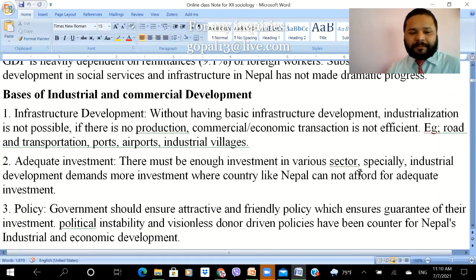And the policy: the government should ensure attractive and friendly policy which guarantees their investment. The government must develop entrepreneur-friendly investment policies where people with ideas or people with money could get in touch with each other.